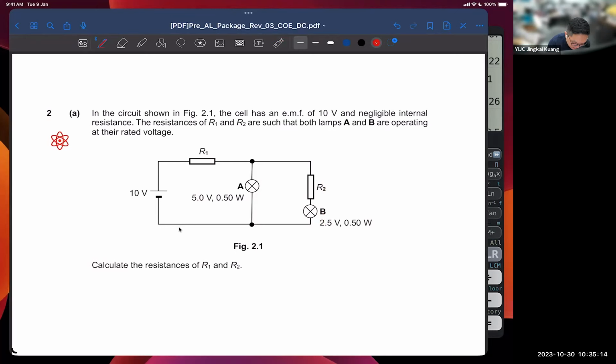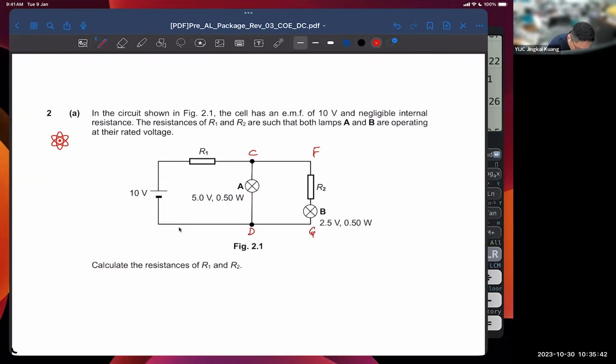I'm going to write down some letters as well. I'm going to mark this point as point C, and this point is point D. I shouldn't use E because E is EMF, so let's call this point F and this point G. Let's establish some facts first.